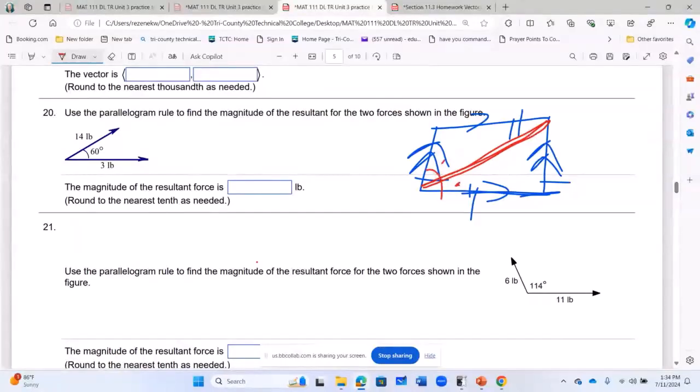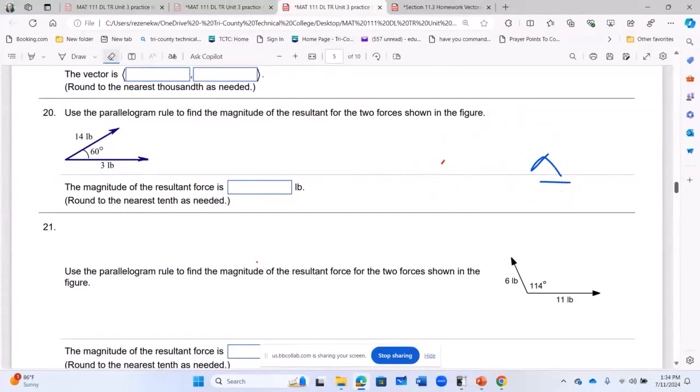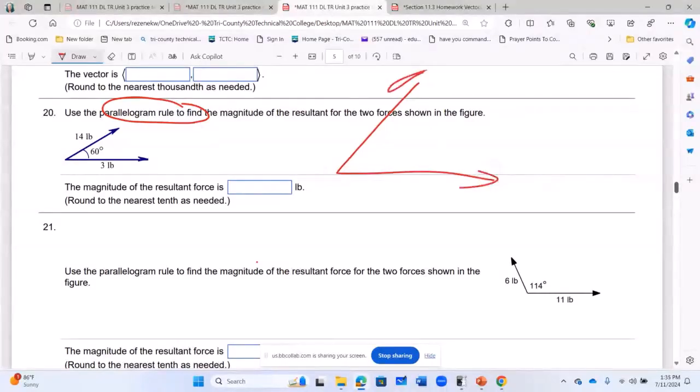Okay, so let's actually use, I need to redraw this. So we want to solve this problem using parallelogram law. By the way, that's what we are told to use, the parallelogram rule. I want us to see that the vectors are going in different directions. So all I need to do is complete a parallelogram of that vector.